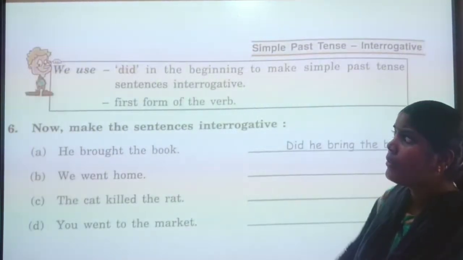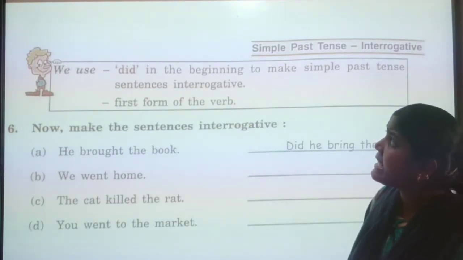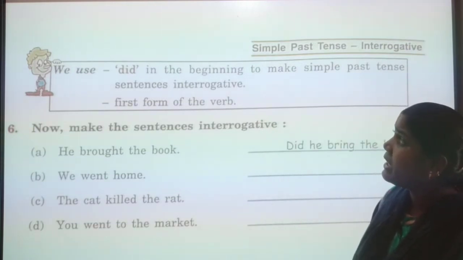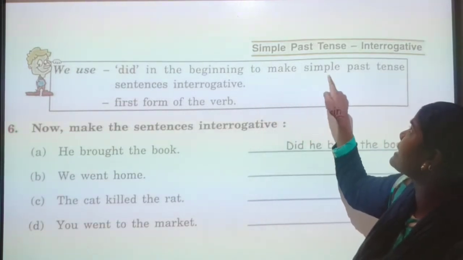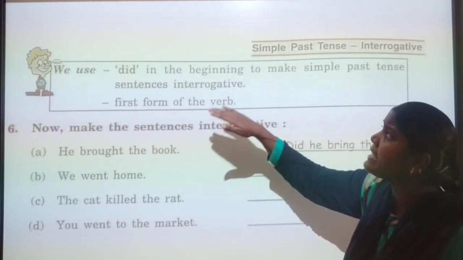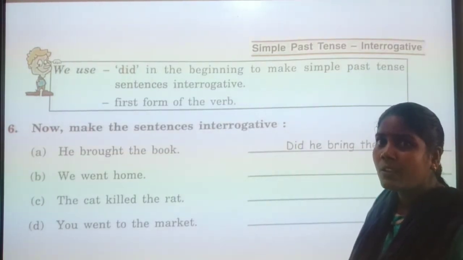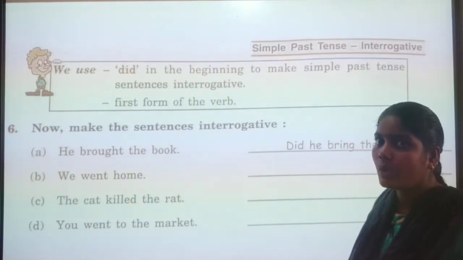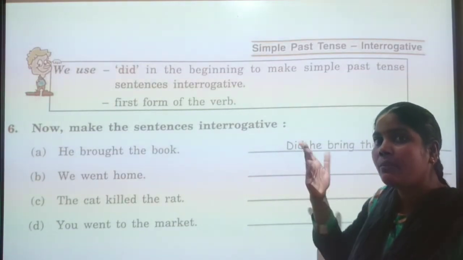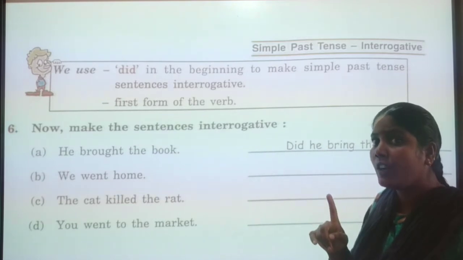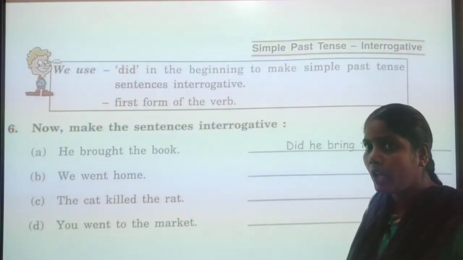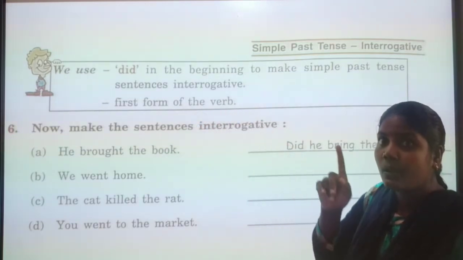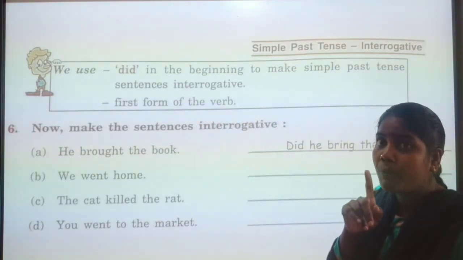Now, we use did in the beginning. Okay? In the chart we have seen did in the beginning to make a simple past tense sentence interrogative. For that we have to learn only the extra did, and then the first form of the verb, that is verb 1, the present form of the verb.